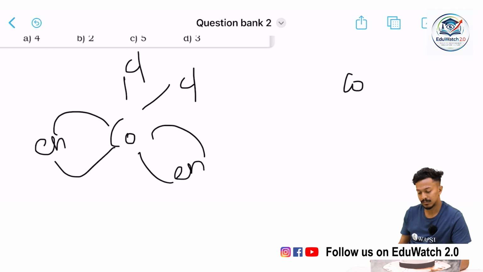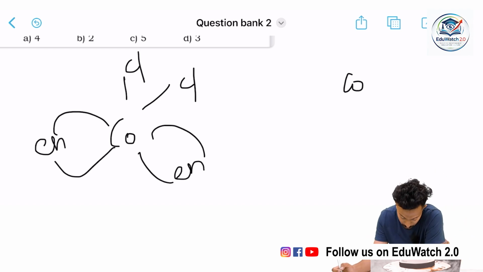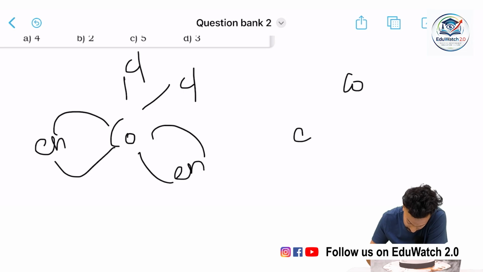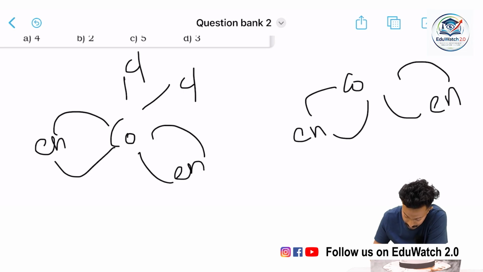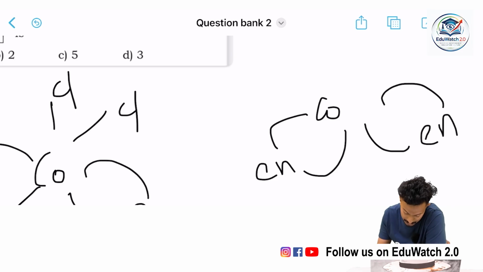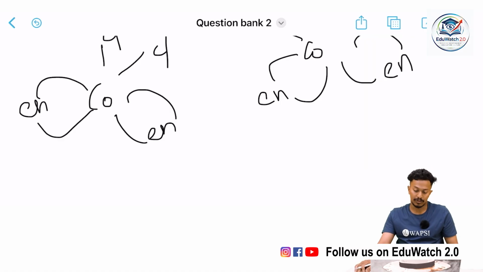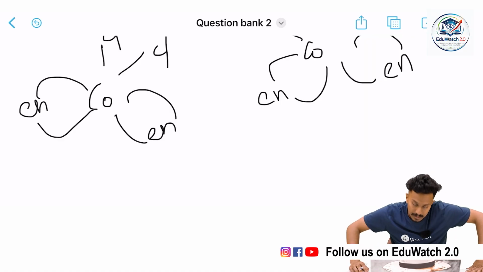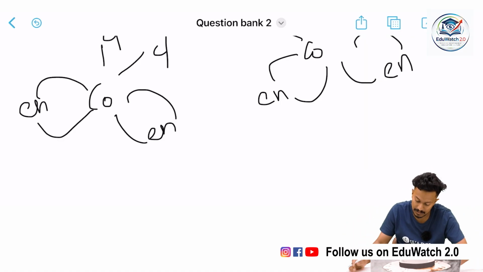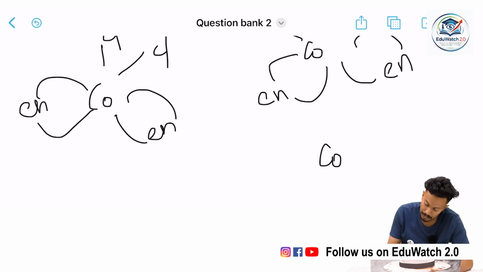And the next cis form of this compound would be, we have one from here and one from here, right? And this chlorine along here. These are the 2 cis structures of this compound.